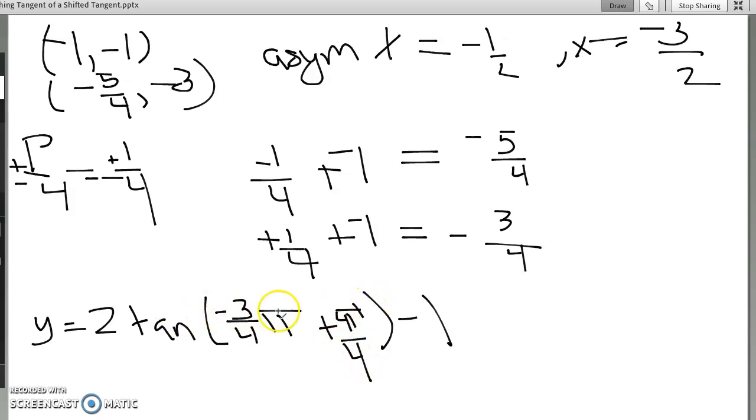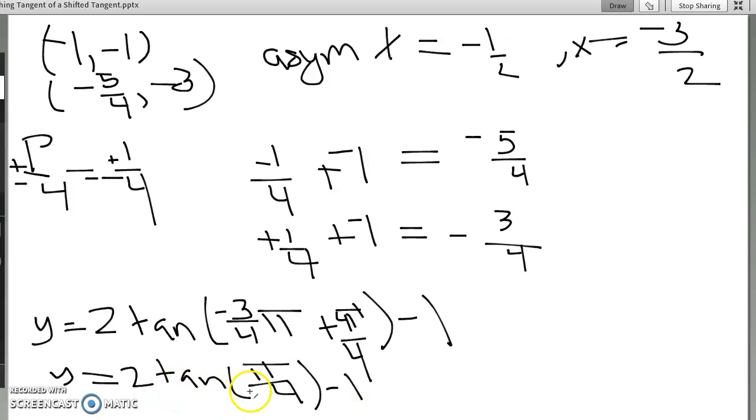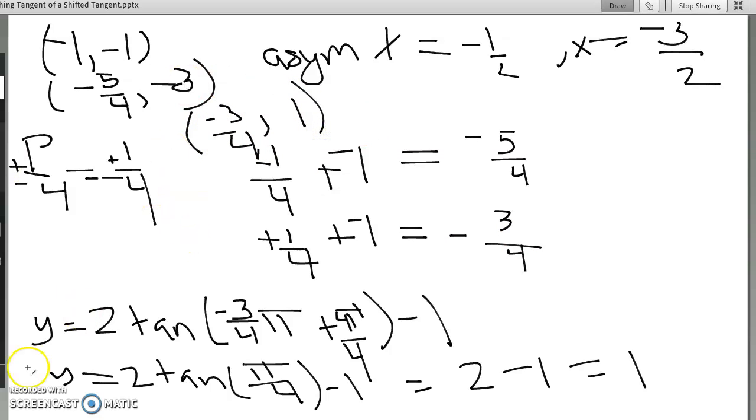So 4 over 4 pi minus 3 over 4 pi gives me 1/4 pi. So I get y is equal to 2 tangent pi over 4, minus 1. Tangent of pi over 4 is 1. So 1 times 2 is 2, so I get 2 minus 1, which is 1. So my third point that I get to plot would be negative 3/4, comma, 1. So now let's graph all these points.